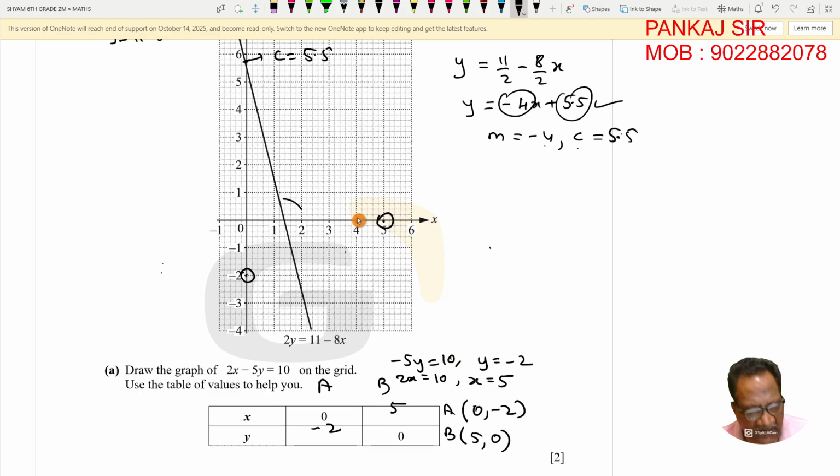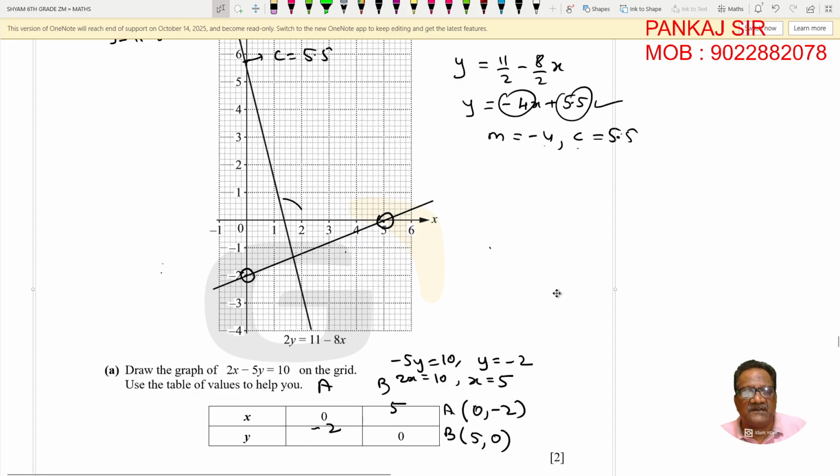Now if I join these 2 points, then I'll get a graph which should be somewhat like this. It should pass through the 2 points, right? It's passing slightly off here, I'll raise it. Yeah, now it is correct.